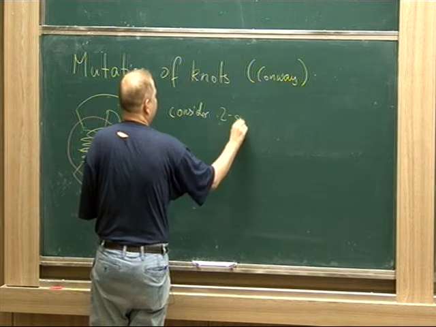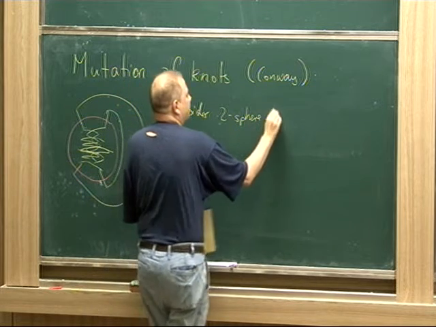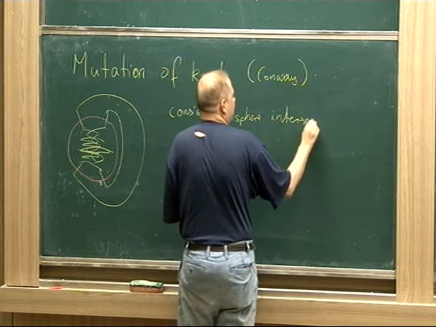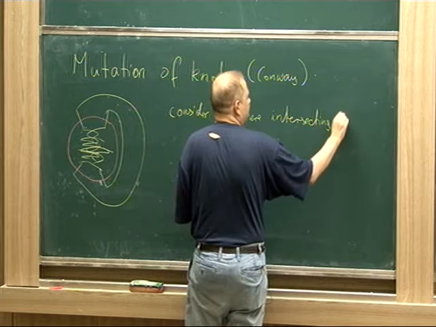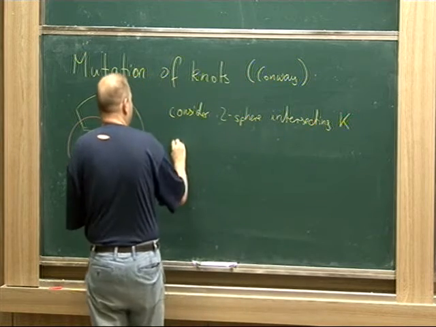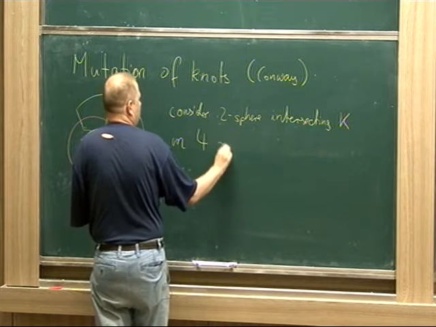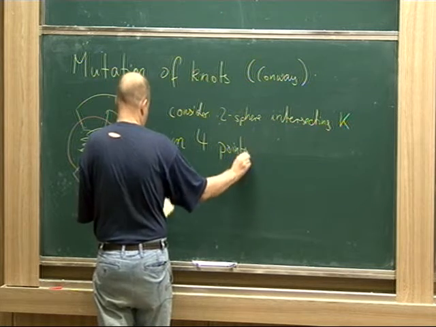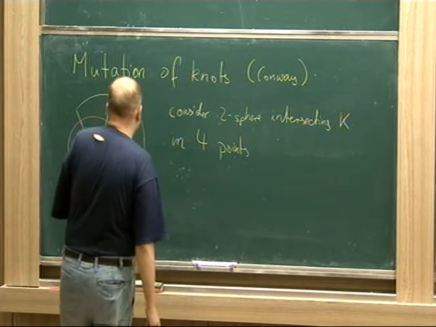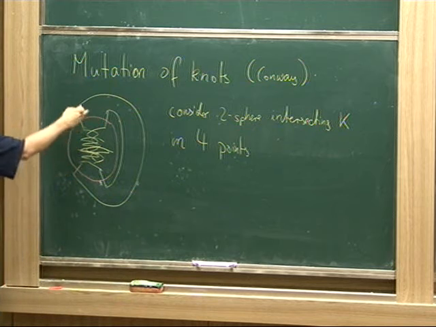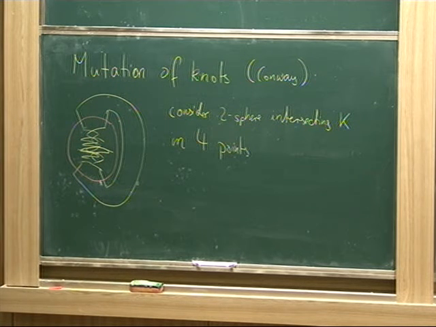So consider a 2-sphere which intersects the knot K in four points, and okay, let's assume that the points are placed symmetrically with respect to the axis.